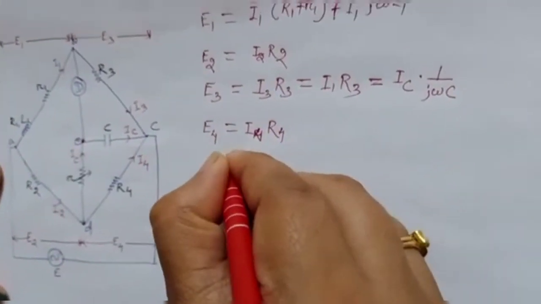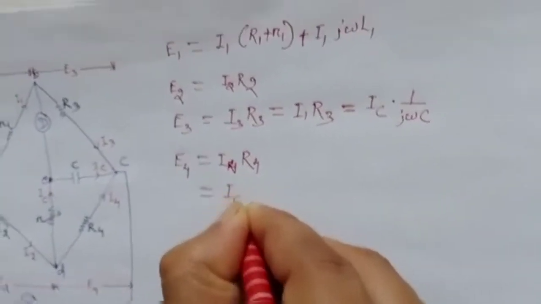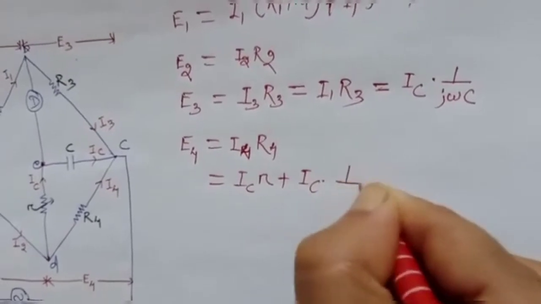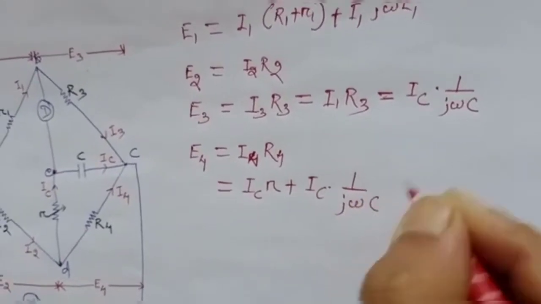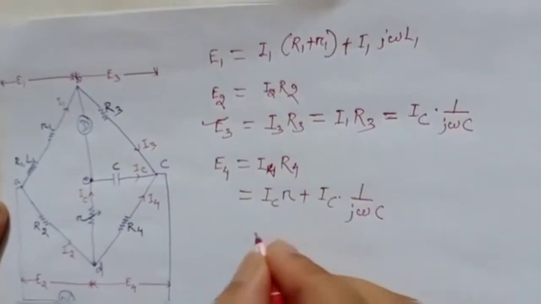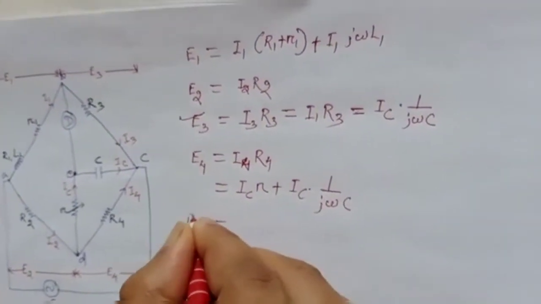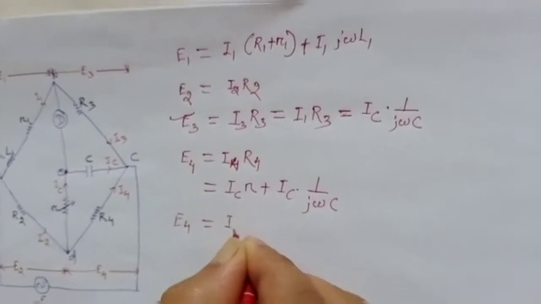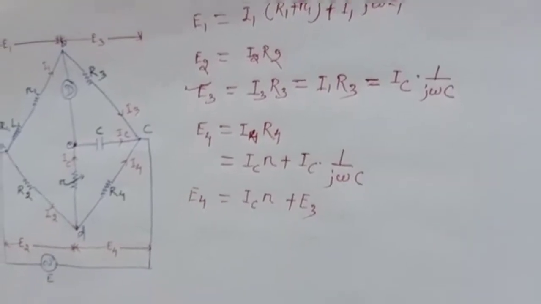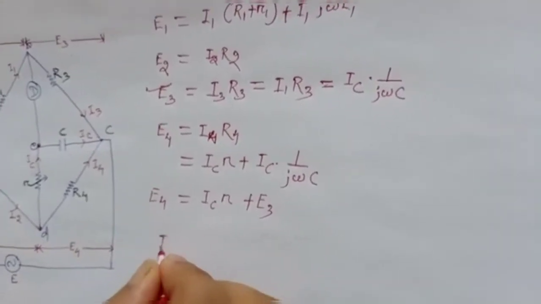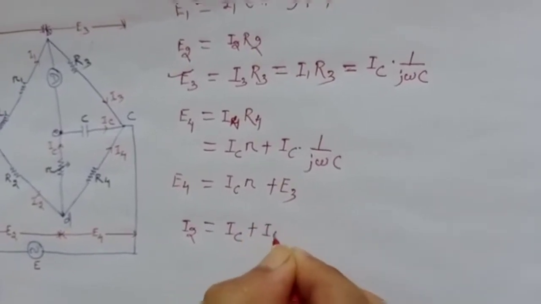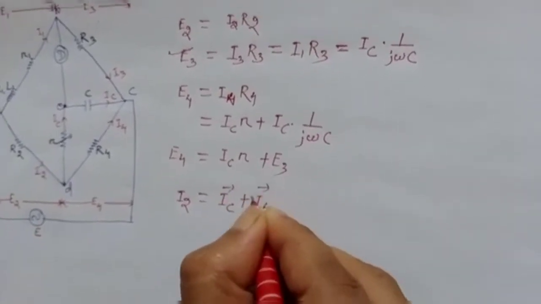So I can write the value of E4 is equal to IC into small r plus IC into 1 by j omega C, and IC into 1 by j omega C is equal to E3. So finally E4 is equal to IC into r plus E3. Then the value of I2 is equal to IC plus I4, phasor sum.